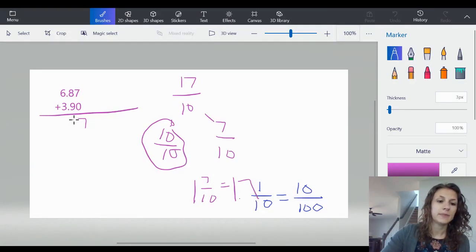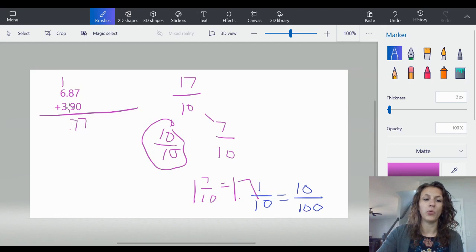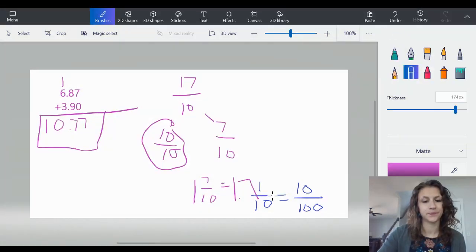So I am going to keep those 7 tenths and then carry that 1 over to the appropriate place value. 1 plus 6 plus 3 does give me 10, so 10 and 77 hundredths.